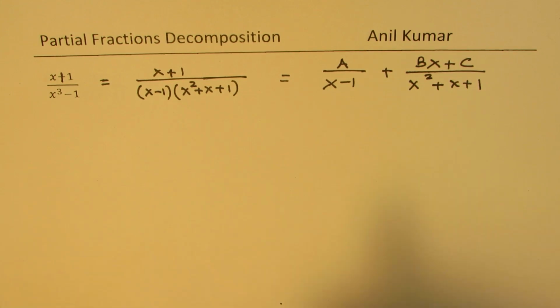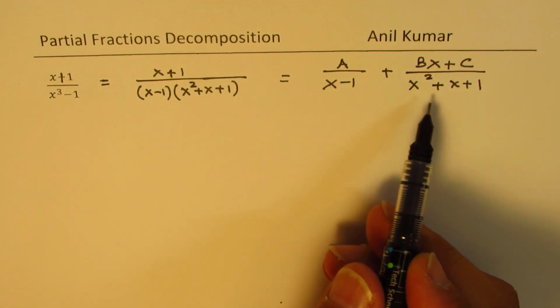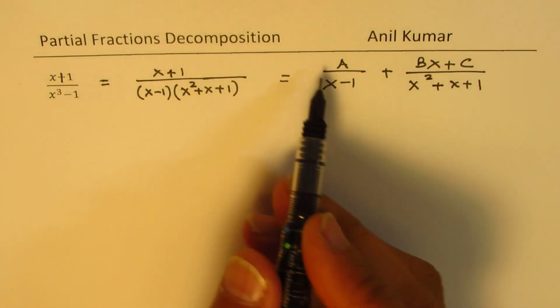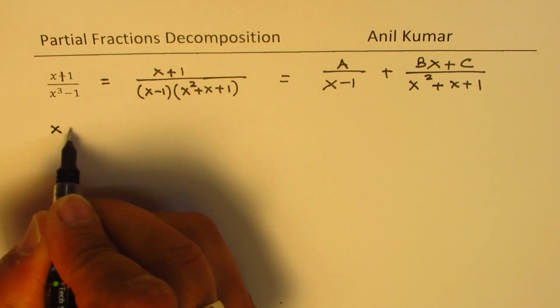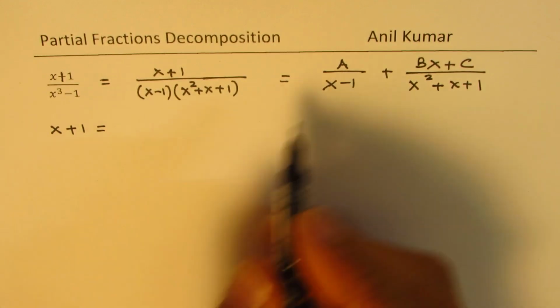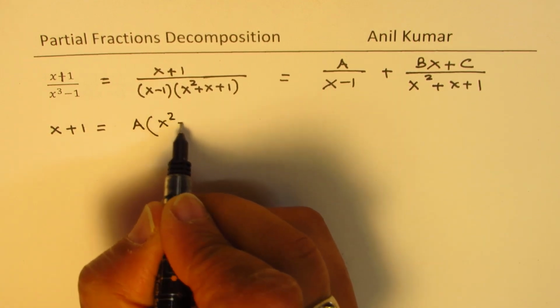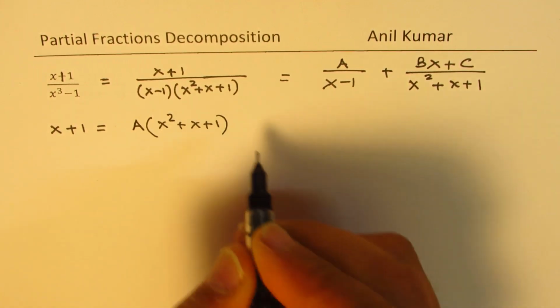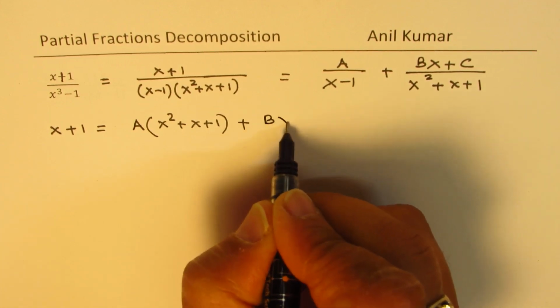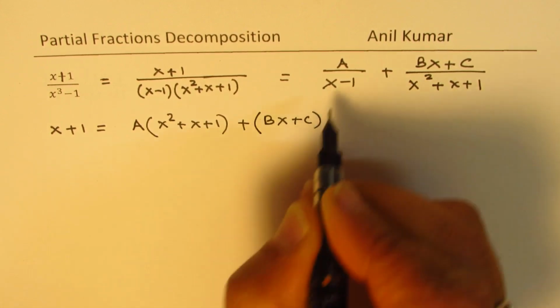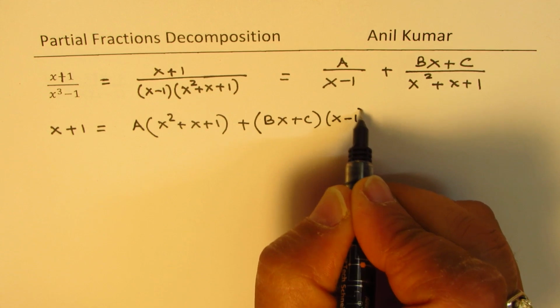Now, in this particular case, we'll again cross multiply, and we can write that x plus 1 is equal to a times this x squared plus x plus 1, plus (bx plus c) times (x minus 1).